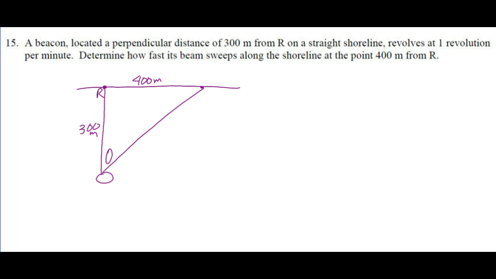So let's complete that, and let's throw an angle in there. So the 1 revolution per minute is going to be our d theta by dt, right? But what's 1 revolution per minute? 2 pi radians per minute, right? So 1 revolution per minute is 2 pi radians per minute.